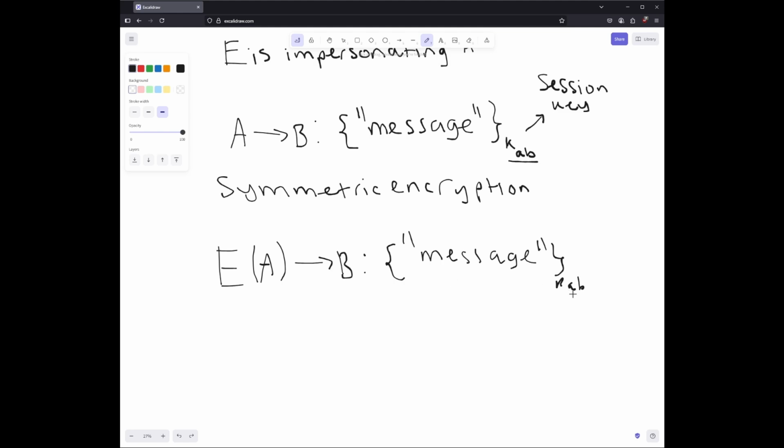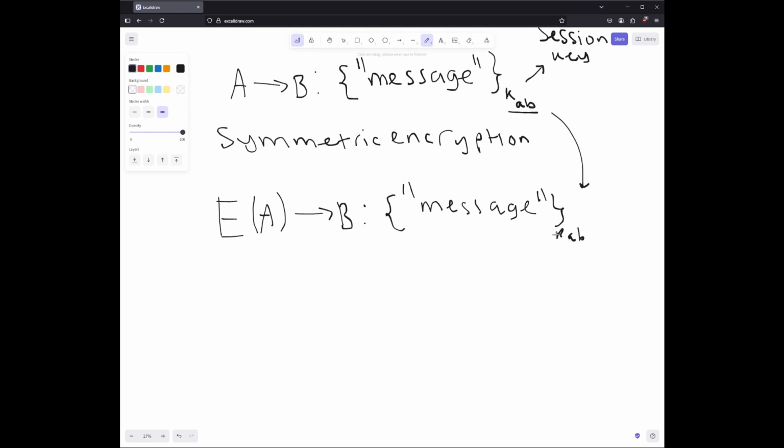And here, obviously, because we're sending this same thing that we got by intercepting the message between A and B, essentially we're able to replay this. And so for Bob, it will look like Elvis is actually Alice. This is what's known as a replay attack.